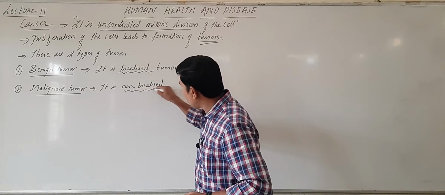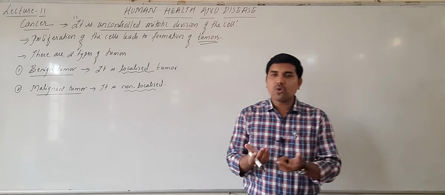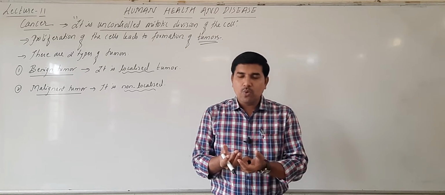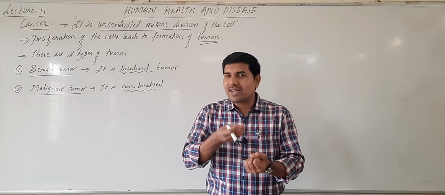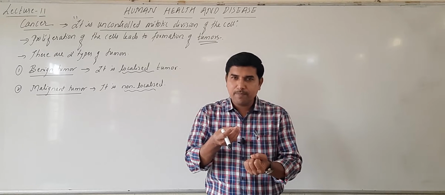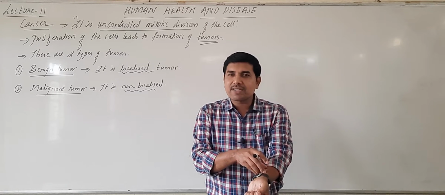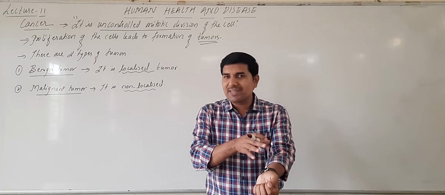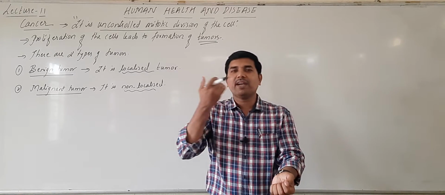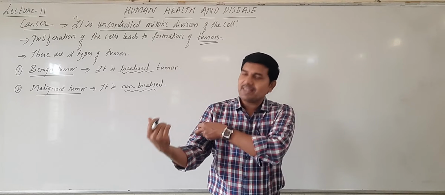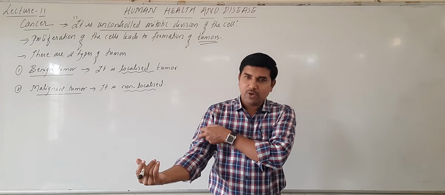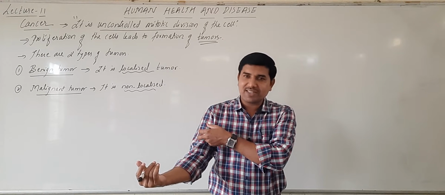But look at the next part, which is more deadly, malignant tumor. This is non-localized. Non-localized means when cancerous cells start to develop in our body, then from one part some of the cells get sloughed off, that means removed. They migrate to other body parts, then they start to proliferate there, where we call them neoplastic cells.